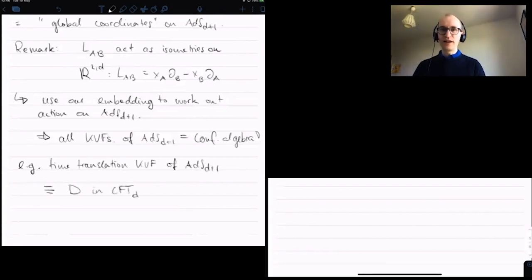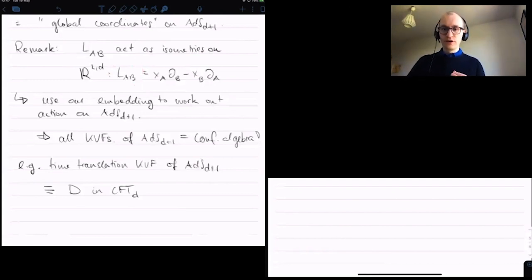Now I said algebraically the same, meaning that it falls into the place of the generator that we already identified with the dilatation.